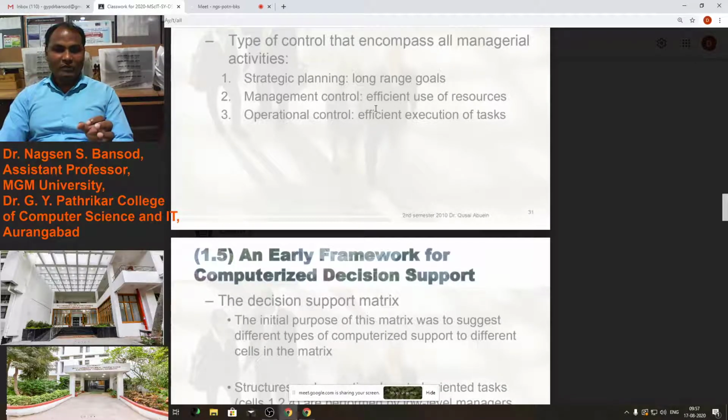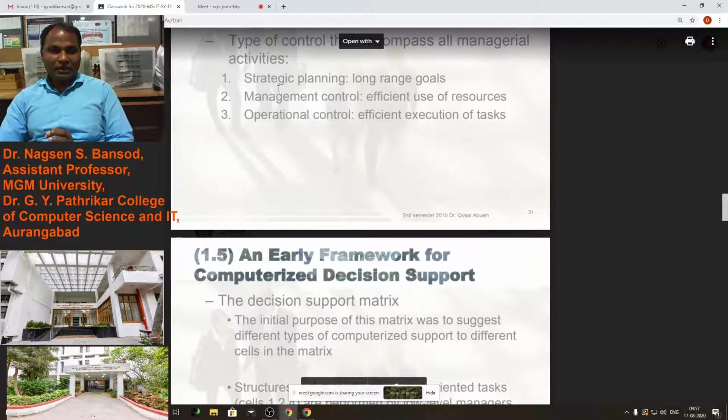Management control means efficient use of resources. Here the company owner or shareholders are not involved in this management control. In management control, only the manager can make changes in the business, so he should use all the resources to make the business successful and profitable.